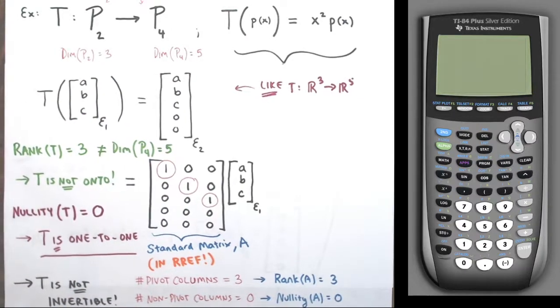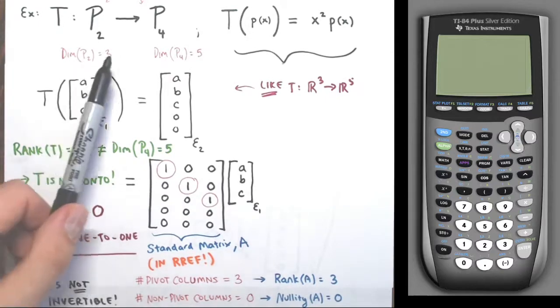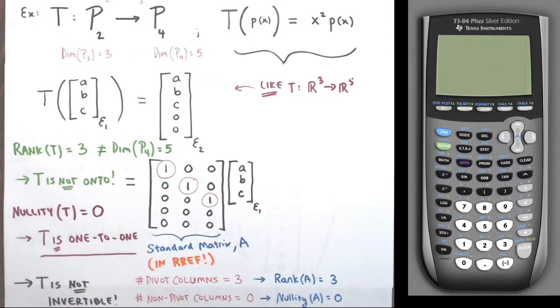Right away, if the dimensions of the domain and the codomain aren't equal, the transformation is not going to be invertible. Or the inverse won't be a function. I mean, every transformation has an inverse. It's just the inverse will not be a function or satisfy a legit definition of a transformation. And I've discussed that in another video as well.